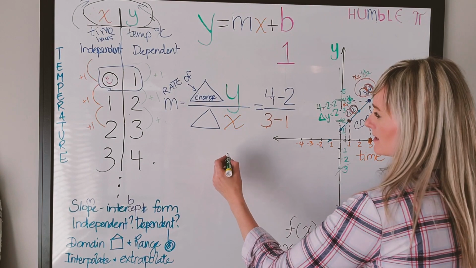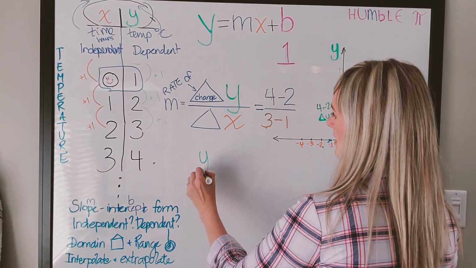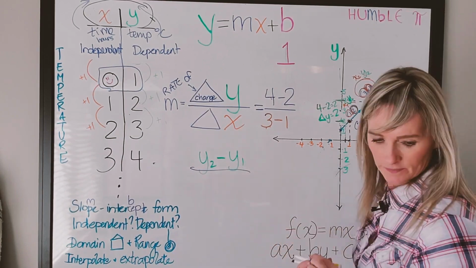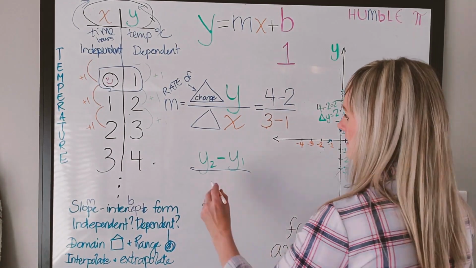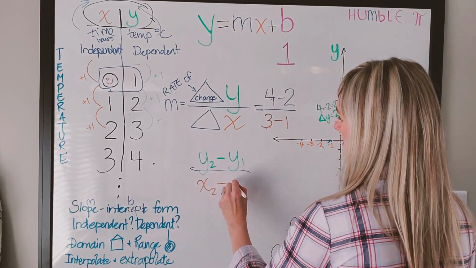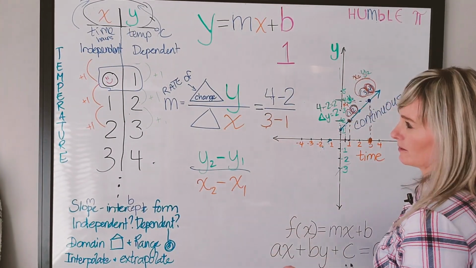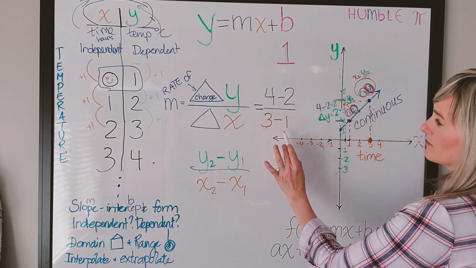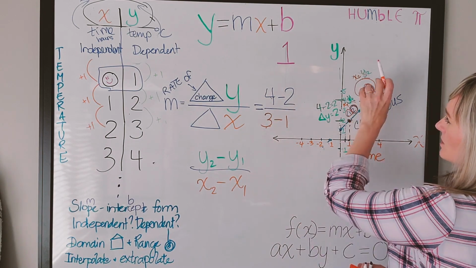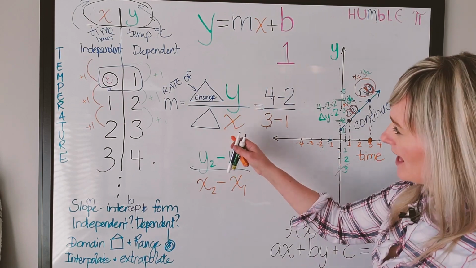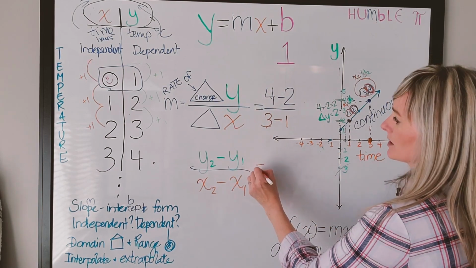And some people write this formula as y2 minus y1 all over x2 minus x1. And you can also use that as your formula if that helps you. So the change in y over the change in x, make sure you're considering the same point when you're putting it in order.